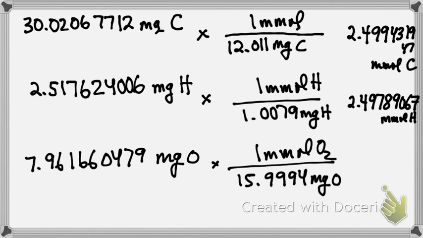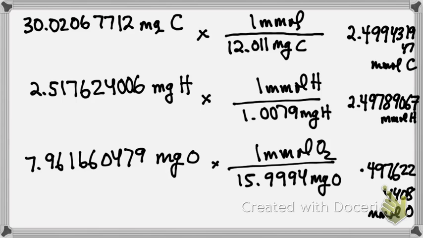And finally, for oxygen, 7.9616600479 divided by 15.9994 gives me 0.4976224408 millimoles of oxygen.